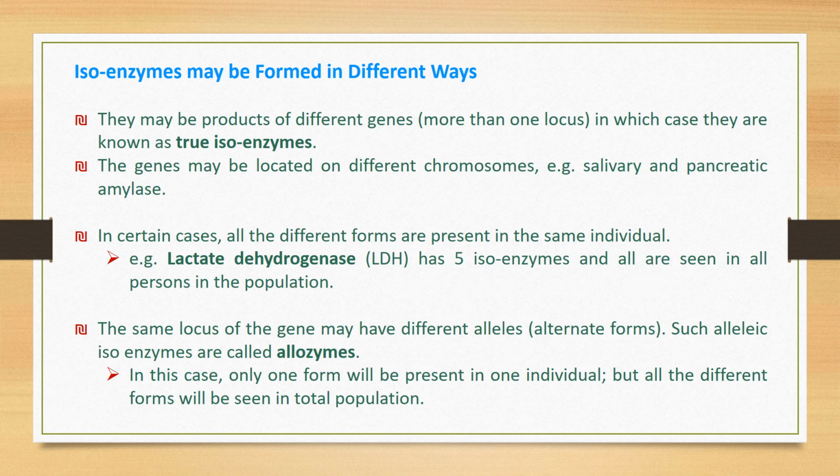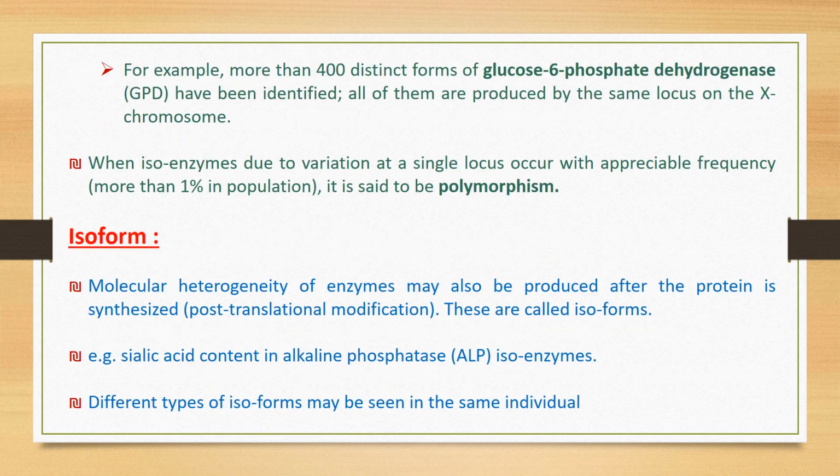Okay, now what is isoform? Isoform is not isoenzyme. Remember that. You know the central dogma, isn't it? In your 10+2, that means DNA to RNA to protein. Synthesis of DNA means replication, then mRNA means transcription, then protein means translation.